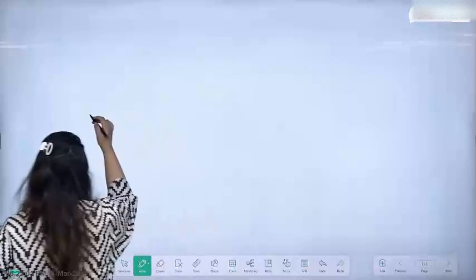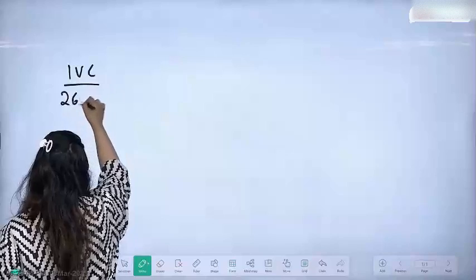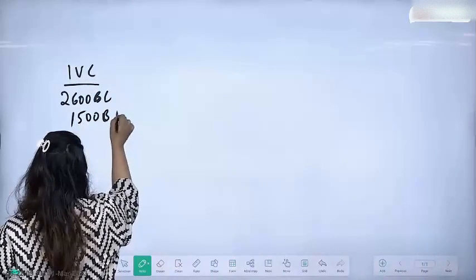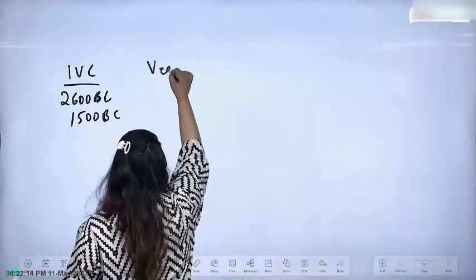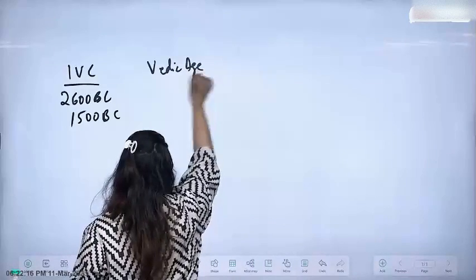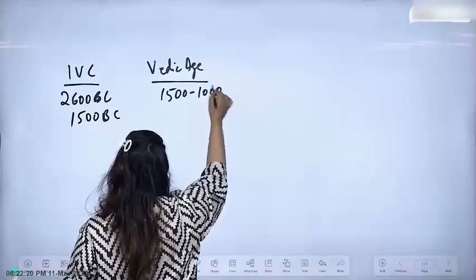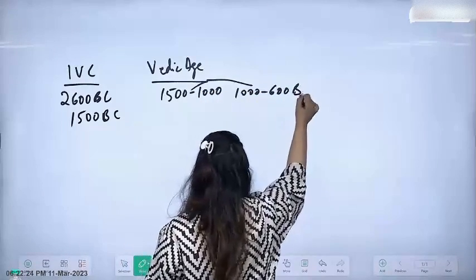So your IVC usually starts from 2600 BC to 1500 BC. Then your Vedic age starts 1500 to 1000 and 1000 to 600 BC.